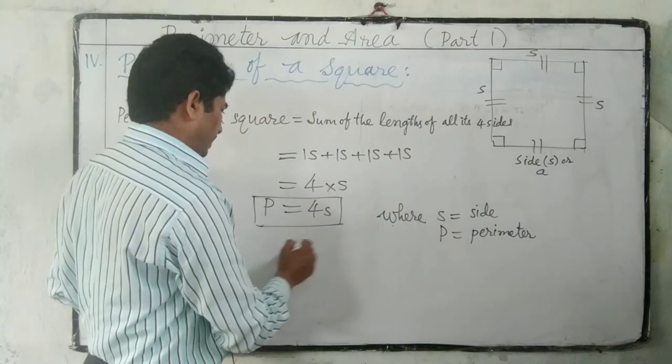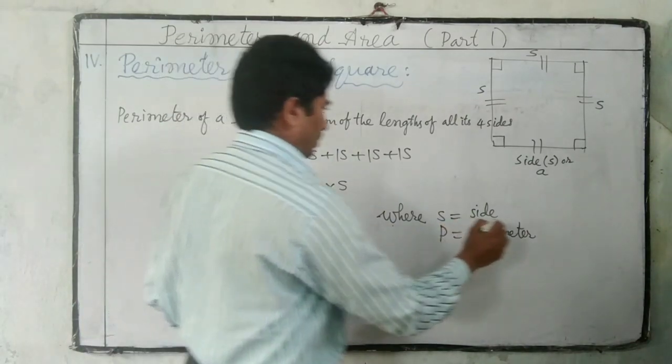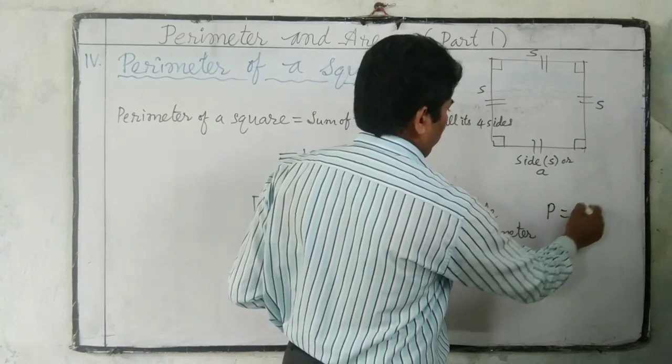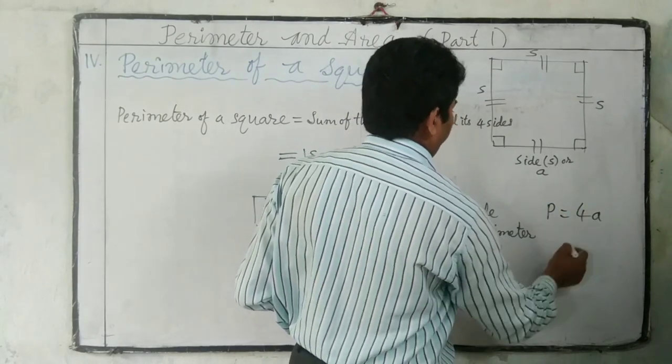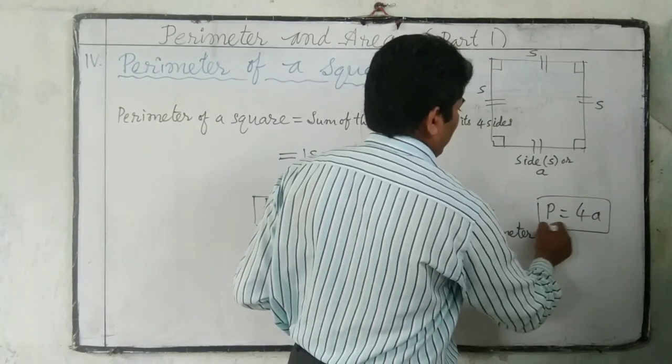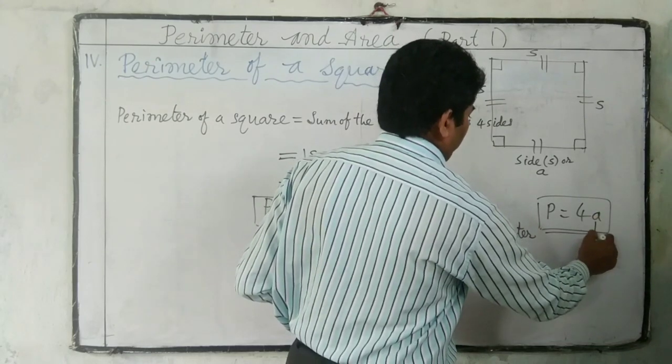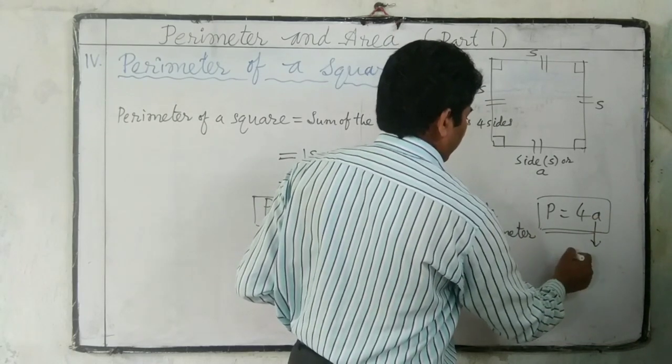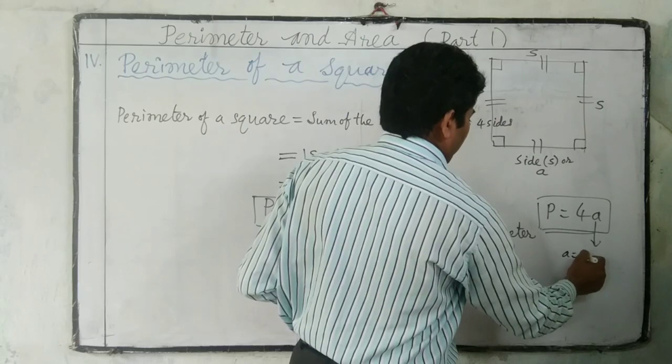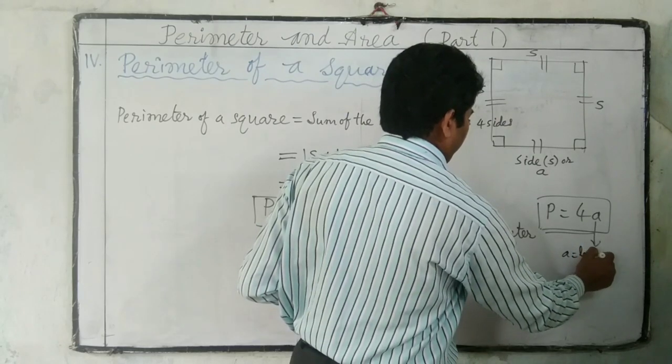And also we can write P is equal to 4A. Here A is the length of any side.